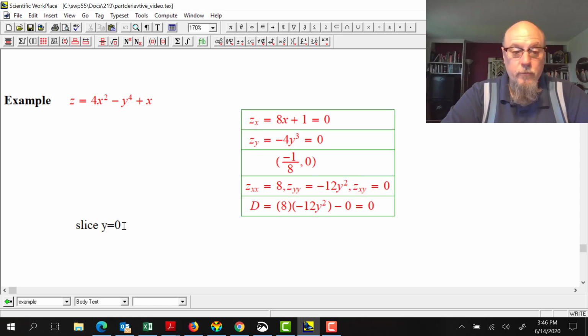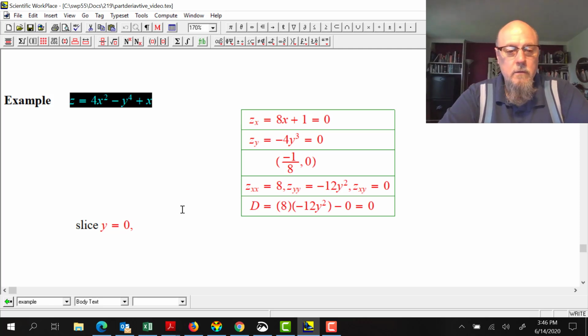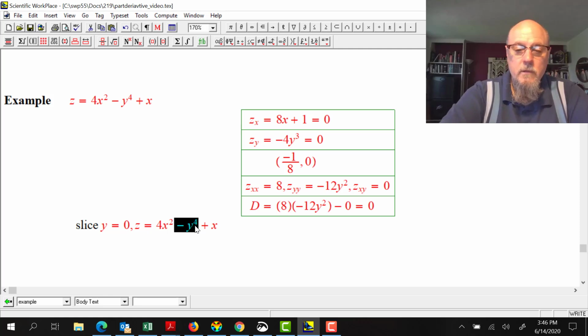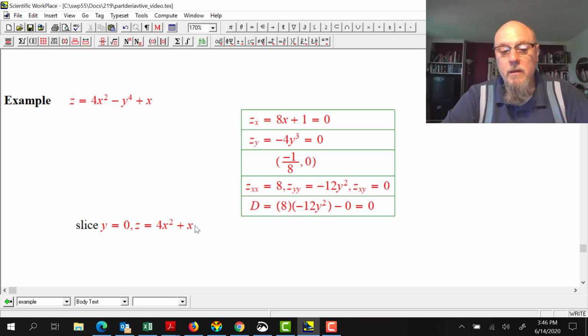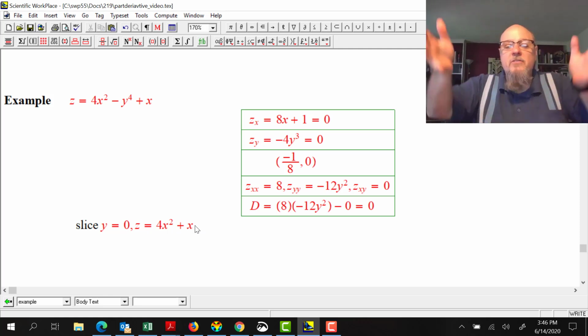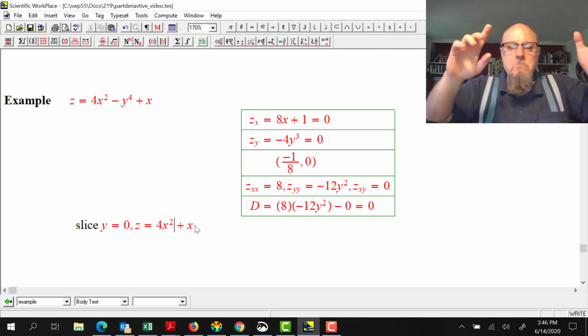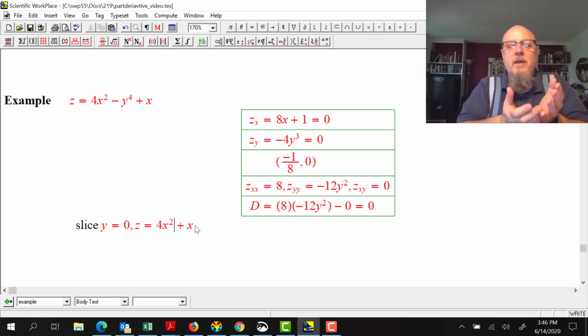In other words, it goes through the critical point. If I were to take that slice when y is equal to 0, my z function is an upward facing parabola. So it has kind of a maximum flavor. No, it's going up. It has a minimum flavor there, right?